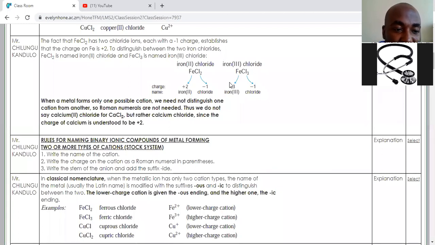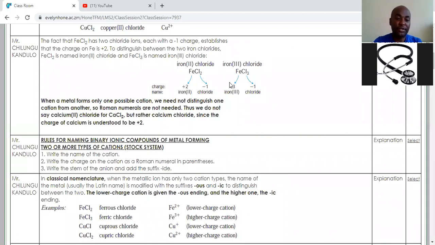So this only applies to the transitional elements, meaning for calcium, it is always 2, unlike iron 2, copper 2, but potassium 1 and calcium 2 chloride, we don't change them.